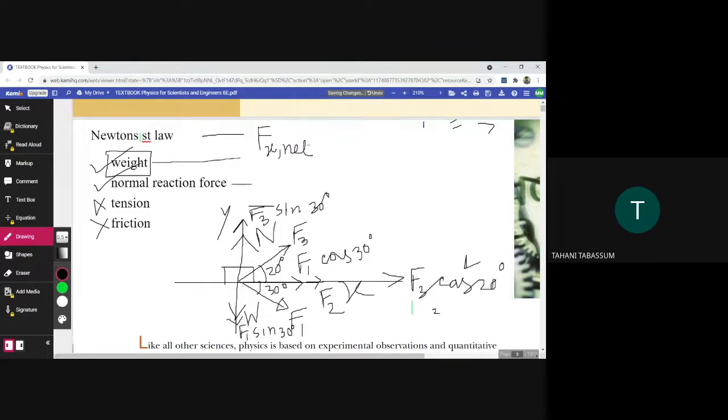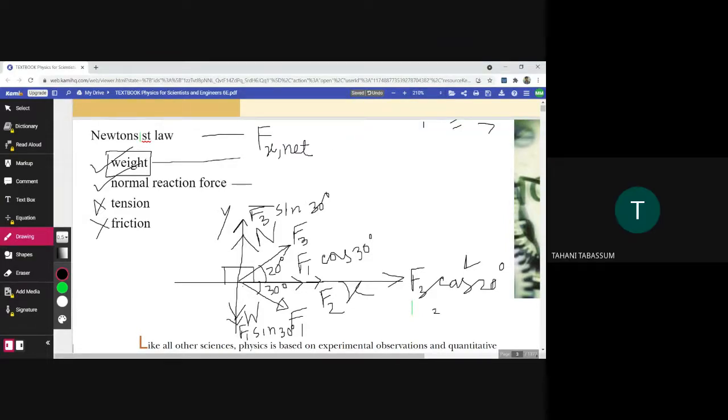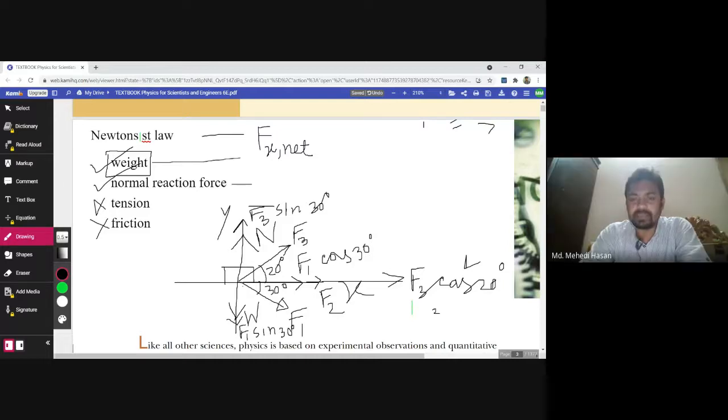Sir, I had a question. Yes. The y component of F3 force, shouldn't it be F3 sin 20 degree? Yes, yes, F3 sin 20 degree. That was my mistake, sorry, I wrote it wrong. F3 sin 20 degree, yes, since the angle is 20 degrees.